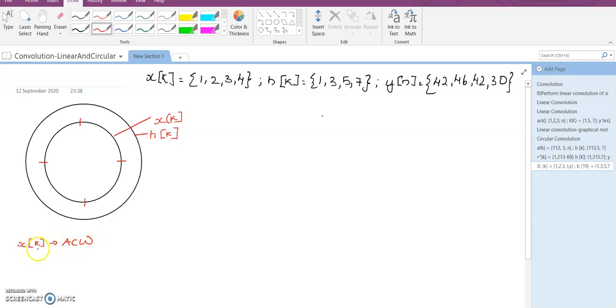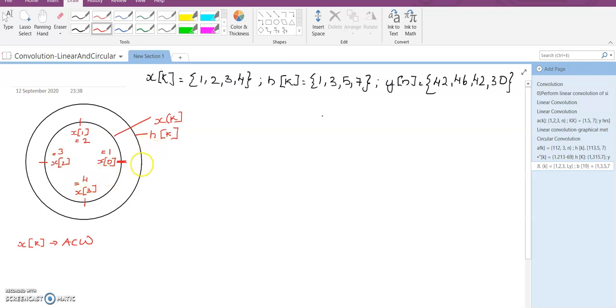That is, the inner circle x of k will be drawn anti-clockwise, and if this is the starting point, this will be x of 0, this will be x of 1, this will be x of 2, and this will be x of 3. So this represents 4 points in this graph, x of 0 being 1, x of 1 being 2, x of 2 being 3, and x of 3 being 4.